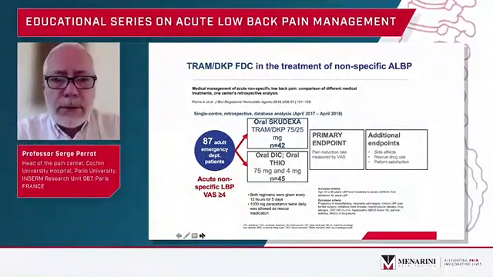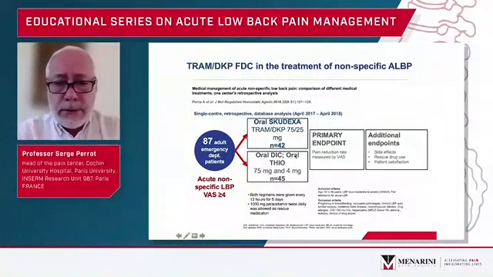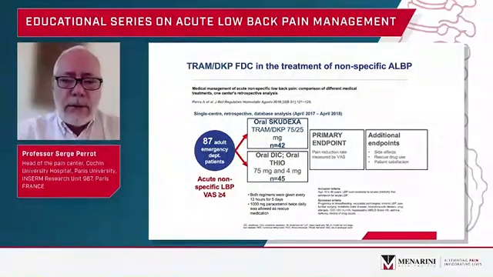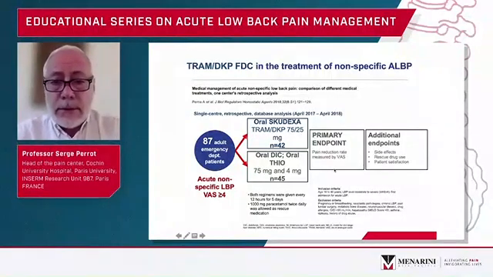The combination of tramadol and dexketoprofen, oral Scudexa, was compared to diclofenac and thiocolchicoside, which is a muscle relaxant, in 87 patients with acute back pain visiting the emergency department.